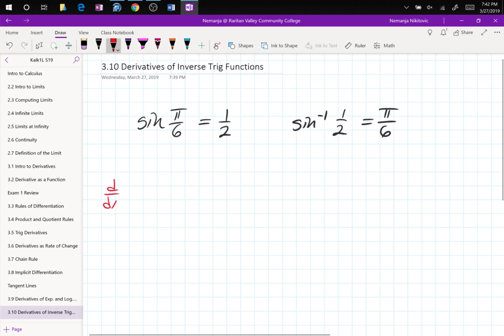So we start with the derivative of inverse sine. And that is 1 over square root of 1 minus x squared.